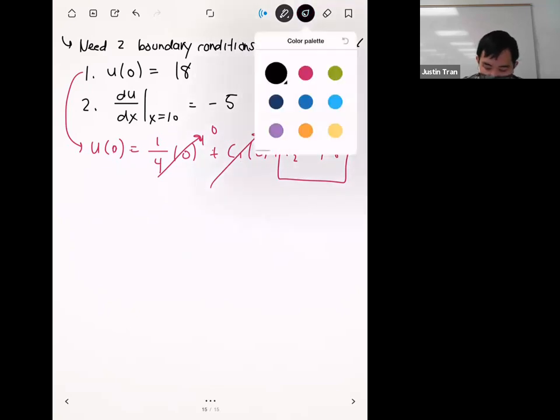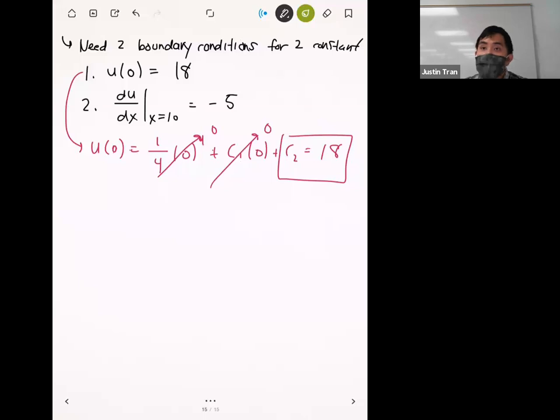To apply our second boundary condition, we have to take a derivative. Let's take du/dx. We end up with x cubed plus C1.